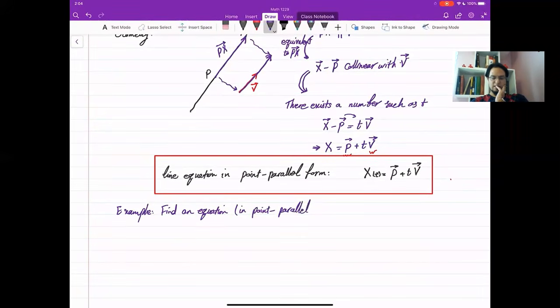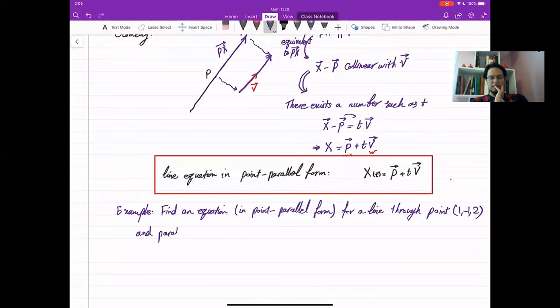The line is through the point (1, -1, 2), and the line is parallel to the vector (2, 0, 1).